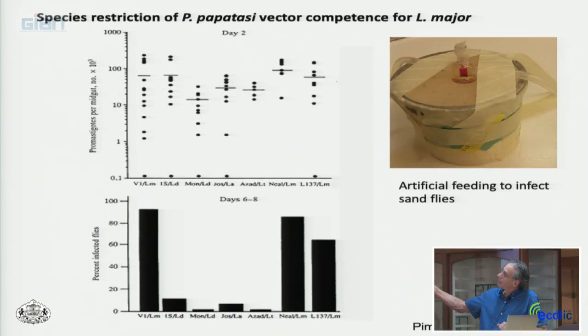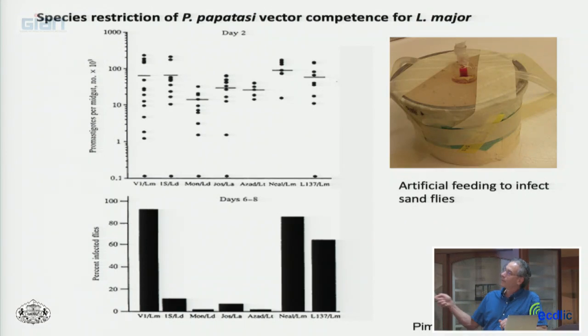So the adult flies are in this cup here, and we put a blood meal in this vial. This is just mouse blood, and we seed that mouse blood with different parasites of different strains. So these are strains of L. major and Leishmania mexicana, Leishmania tropica, Leishmania donovani.